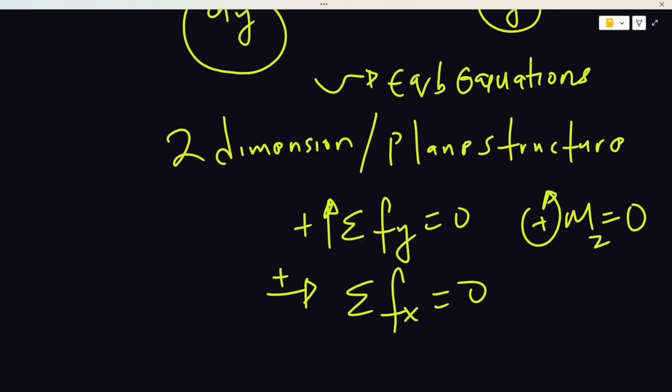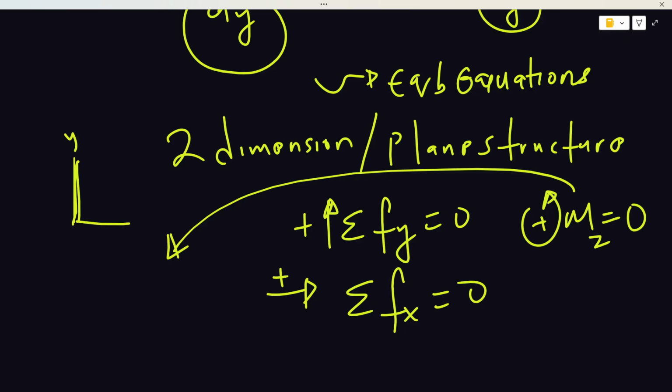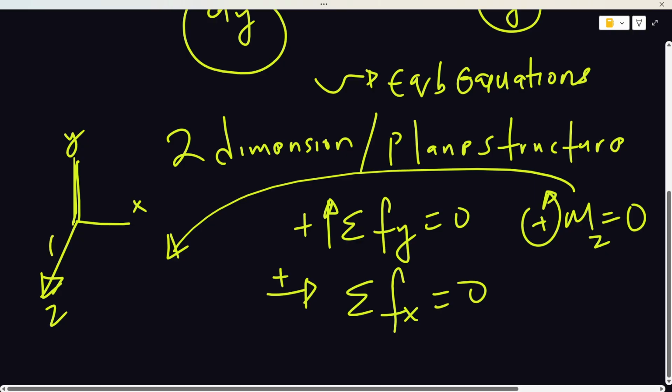Remember that it's a 2-dimensional structure we're dealing with. So we have a coordinate system in this manner: we have the y-axis, we have the x-axis, and we have the one that is pointing out, coming to meet you from the screen, which is Z. So when we have a moment rotating about this axis, we call it Mz.